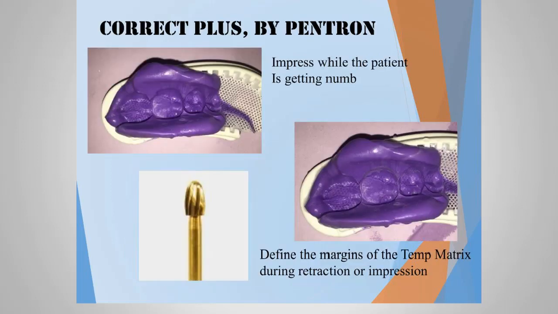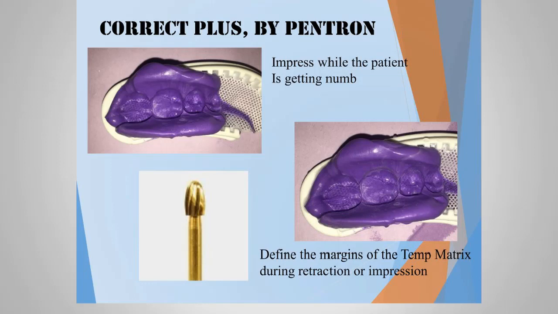So, Correct Plus by Pentron. The sequence in which we do this is I'll numb the patient up, and while they're getting numb, I still have about 1 to 2 minutes. I'll take the impression with the correct bite with the triple tray, take a look at the impression, and make sure it's adequate, that it has everything that I need in terms of the adjacent teeth and the margins.